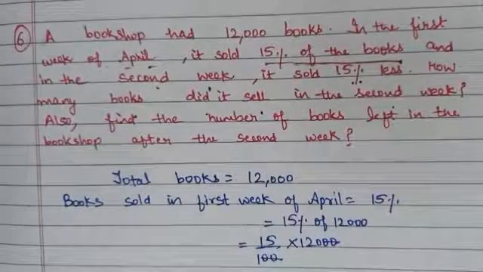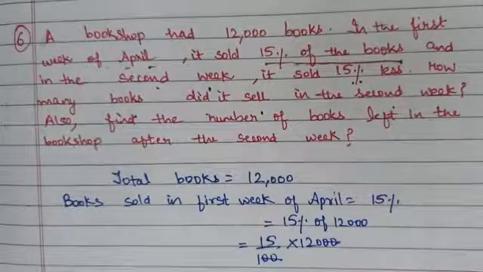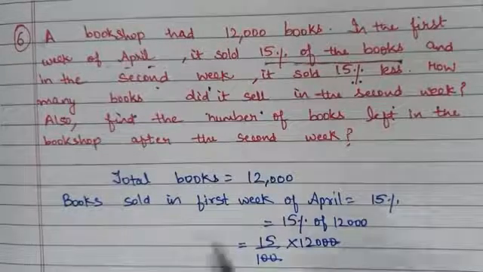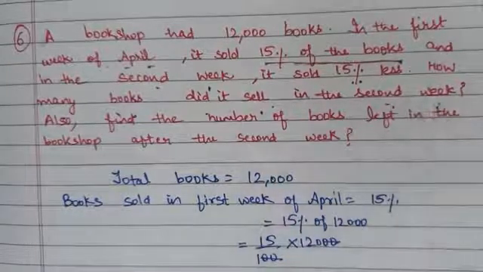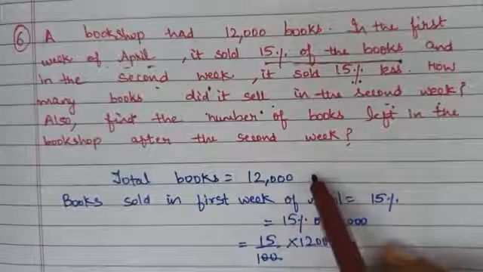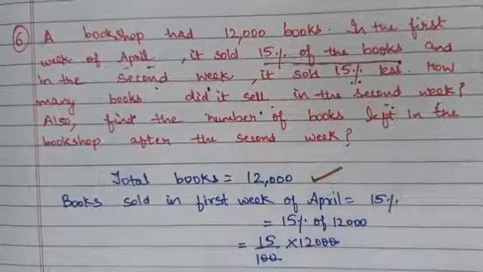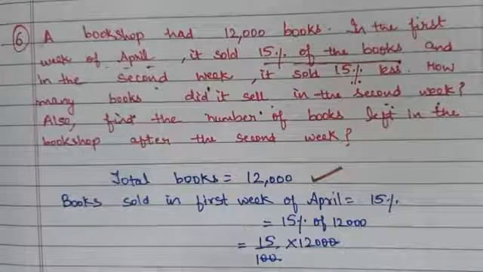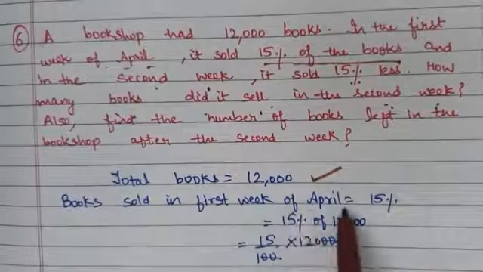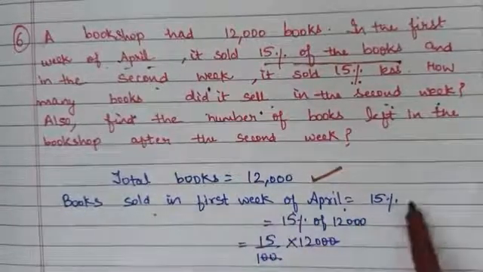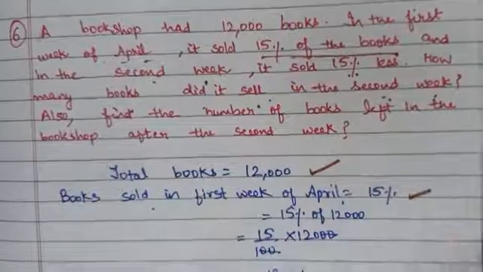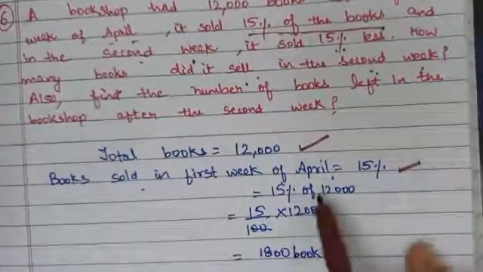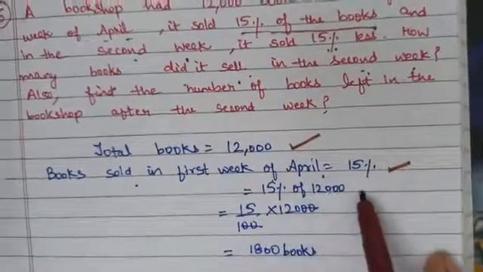First of all, we will find out the number of books sold in the second week. The total books given to you is 12,000. In the first week of April, books sold are 15% of 12,000.